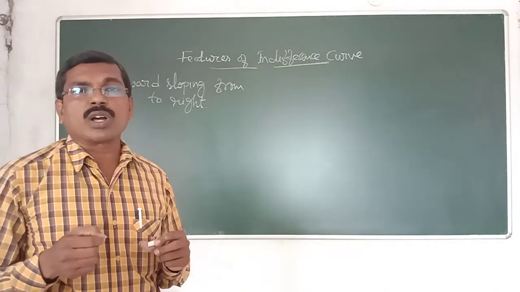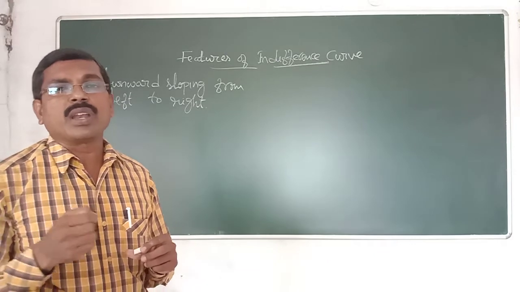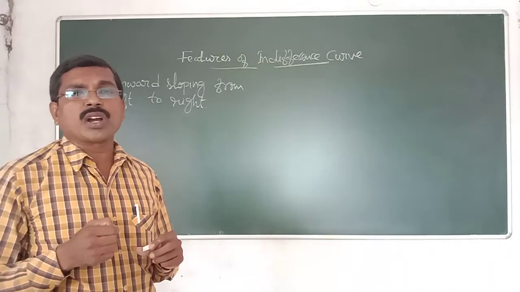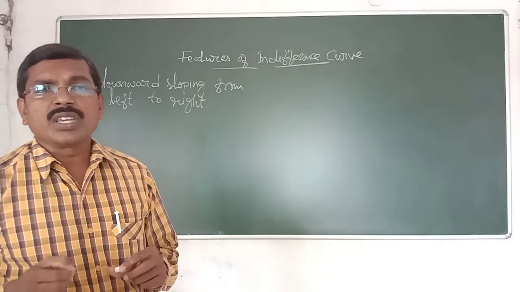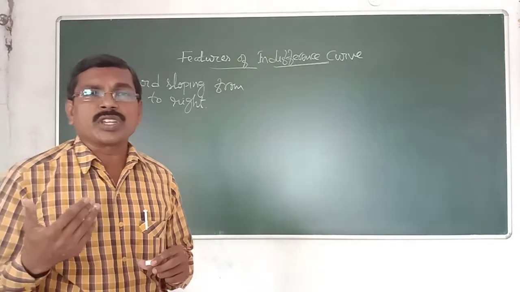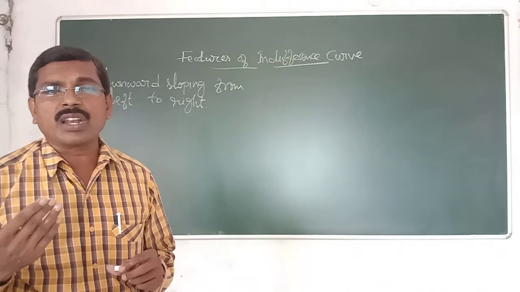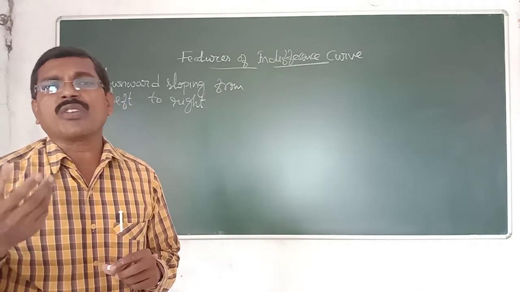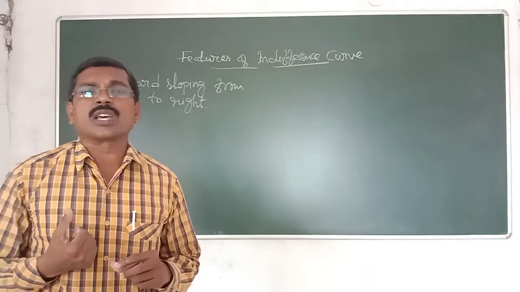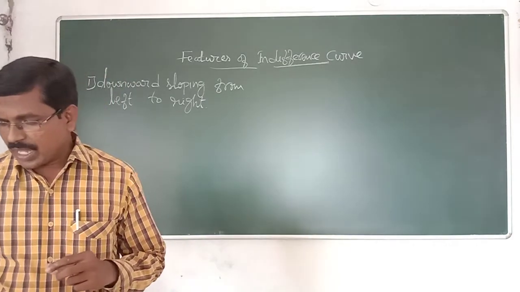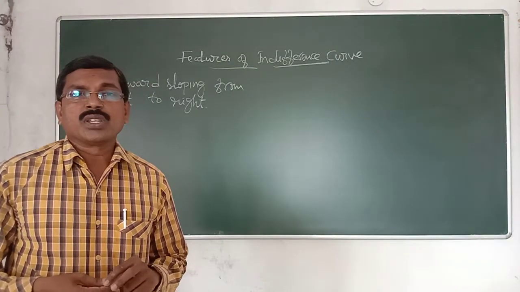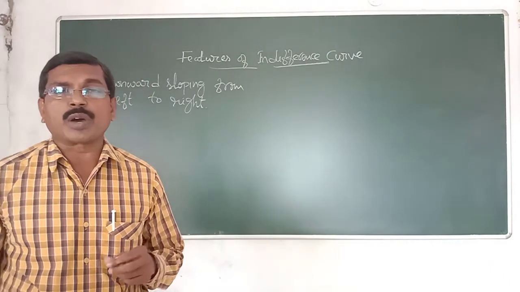Why is it downward sloping? It states that if a consumer purchases more of one commodity, he purchases less of another commodity. That's why the indifference curve slopes downward from left to right. This should be explained with the help of a diagram.